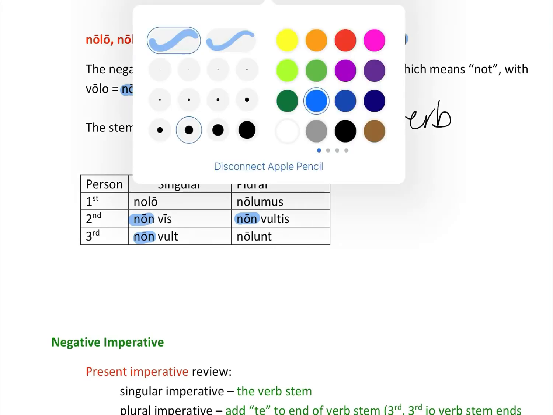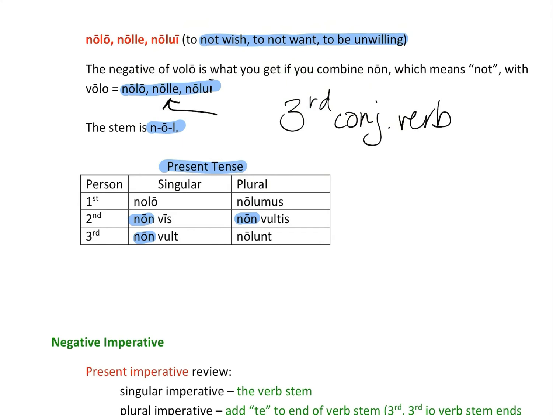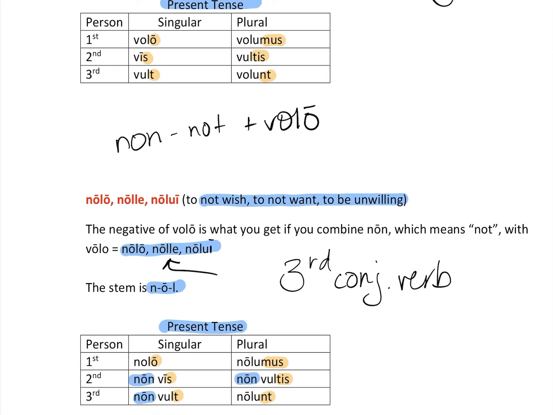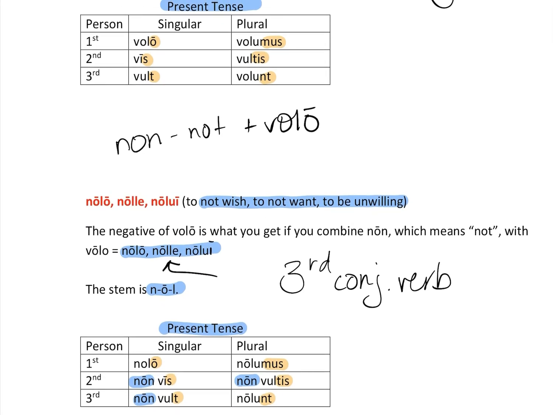Another thing that I want to point out here is, look, O-S-T, mus, tis, nt. Same here with volo, O-S-T, mus, tis, nt. So get used to seeing the patterns of the things that are the same in these verbs, and it'll help you remember it a little bit better.